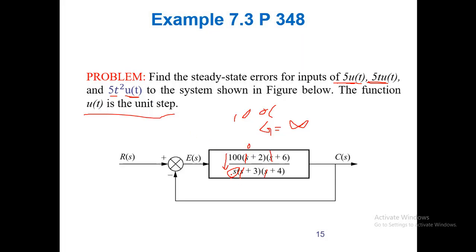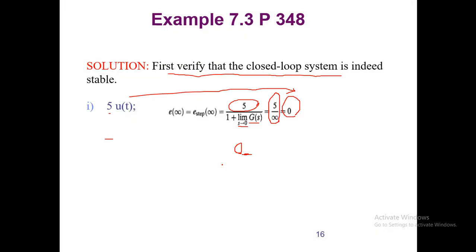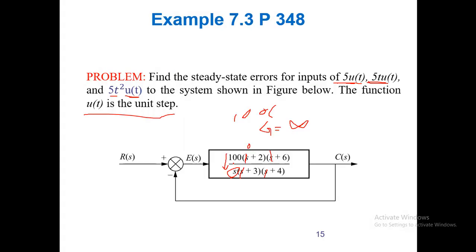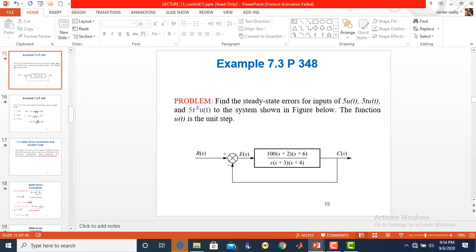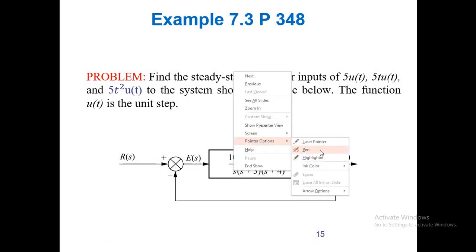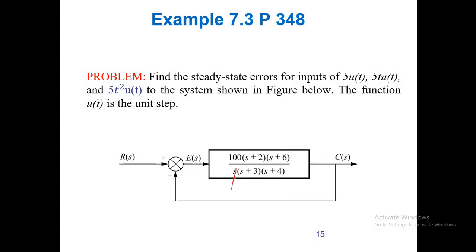This is the same s, so this s and this s will be cancelled out, and you will be remaining only with g of s. And if you put the value of s equal to 0, let me clear it for you. So this s will be cancelled out as in the formula.